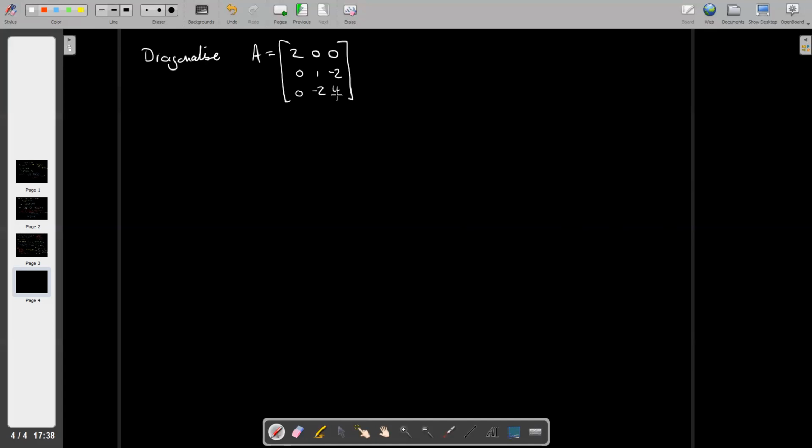To do that, we're going to need the matrix P, which is going to be the matrix of the eigenvectors. So we require, first of all, the eigenvalues. So step 1 is to find the eigenvalues, and step 2 will be the eigenvectors. So we need the characteristic equation.